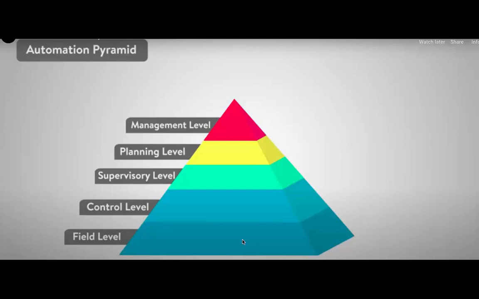Some examples of sensors are the thermocouple, which converts temperature into an electrical signal, pressure sensor, proximity sensor, RTDs (resistance temperature detectors), and flow meters. These are some of the most widely used sensors in industries.